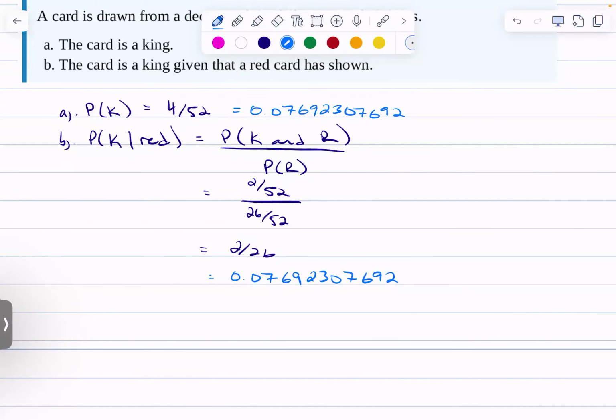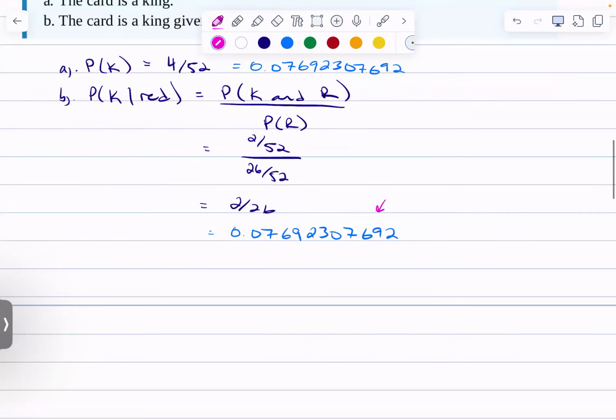So knowing that it was a red card didn't actually change the probability that it was a king, right? It's just a smaller kind of mini version of the deck, right, in the red cards.